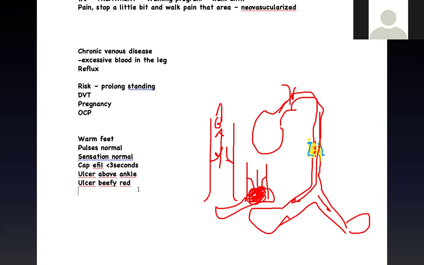Then what are you going to see? You're going to see that the blood, you can feel it under the skin, and the blood vessels, when the red cells break down, the hemosiderin from the hemoglobin gets deposited on the skin, and you have browning and pigmentation. So these are all the things you see in this situation.